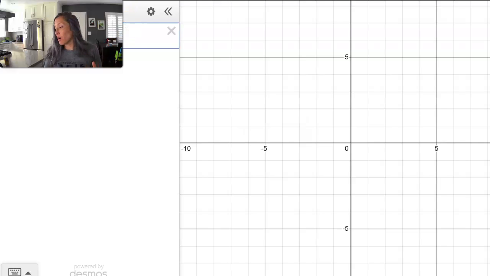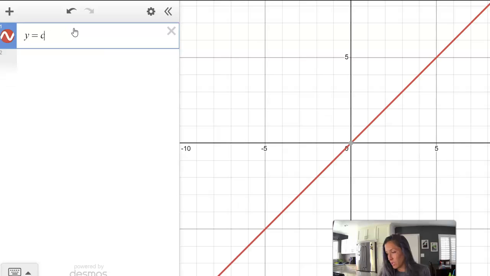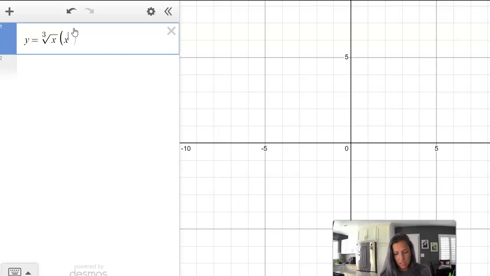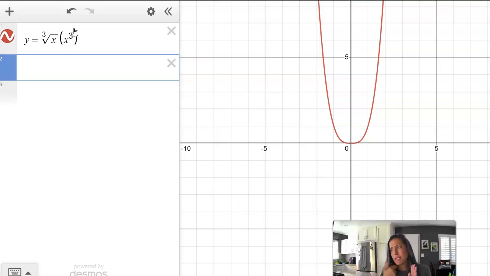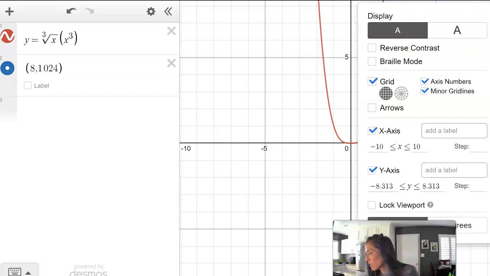So let's think about what our original function was. Our original function was y is equal to the cube root of x times x to the 3rd power. We were interested in what was happening at the point we found, 8, 1,024, which will require that I really change the zoom.